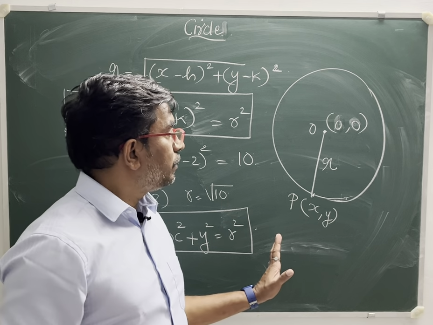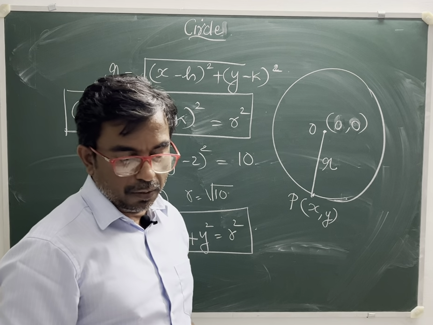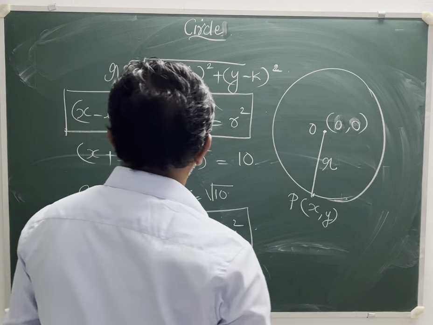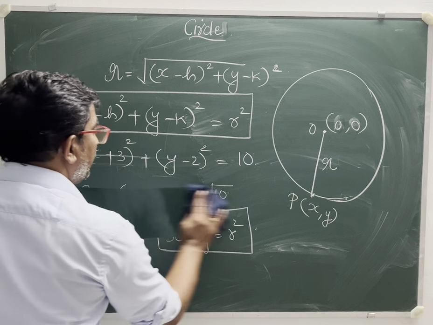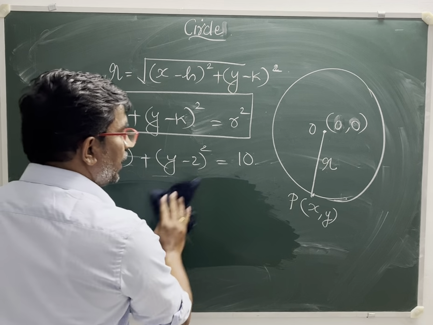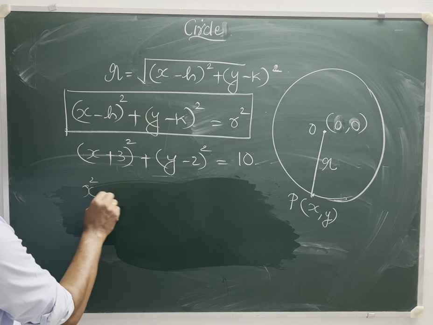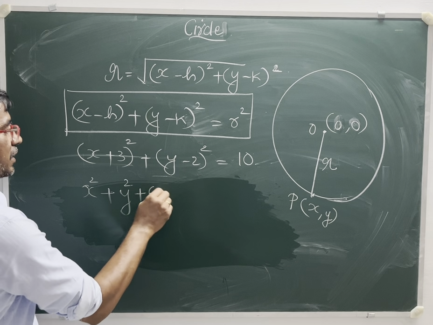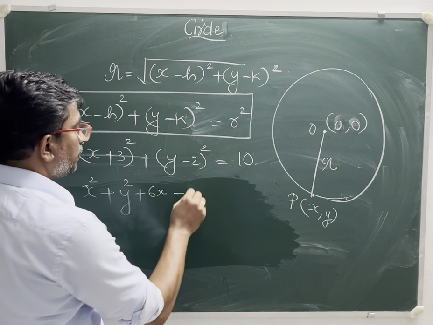Now this is one area that we attended. Now we will think about the expanded form of this one. Sometimes we may not get the equation like this. Instead, we will get it like this: x square plus y square plus 6x minus 4y.